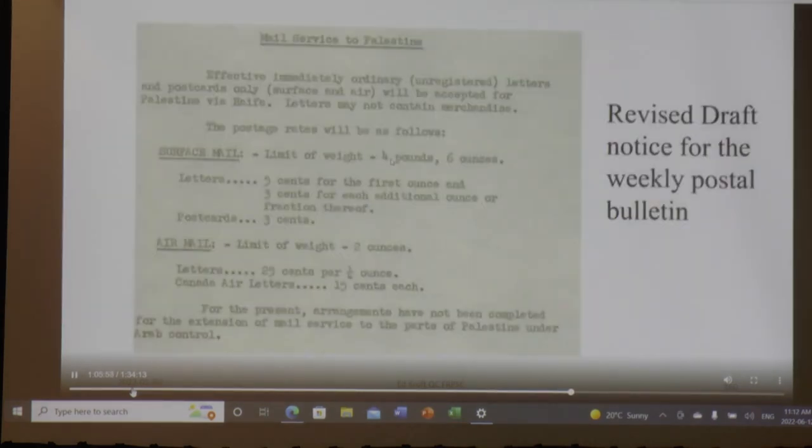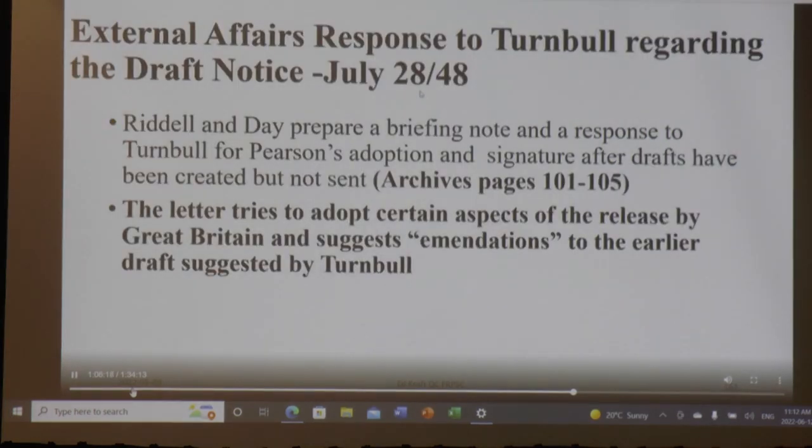So the Postmaster General says, okay, I'm going to go and create another postal circular, mail service to Palestine. Again, no mail going to areas of Arab control, surface mail, air mail. And there's the 25% letter rate that I talked about with the Daltrop letter at the early part of the conversation.